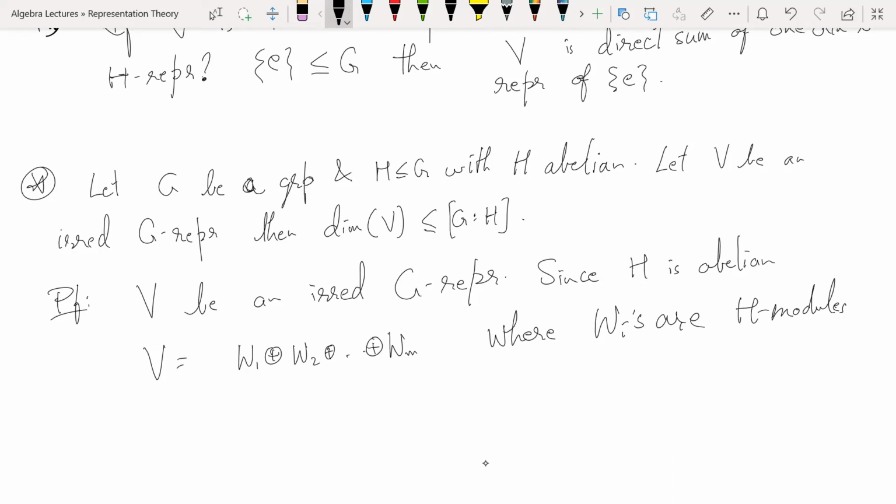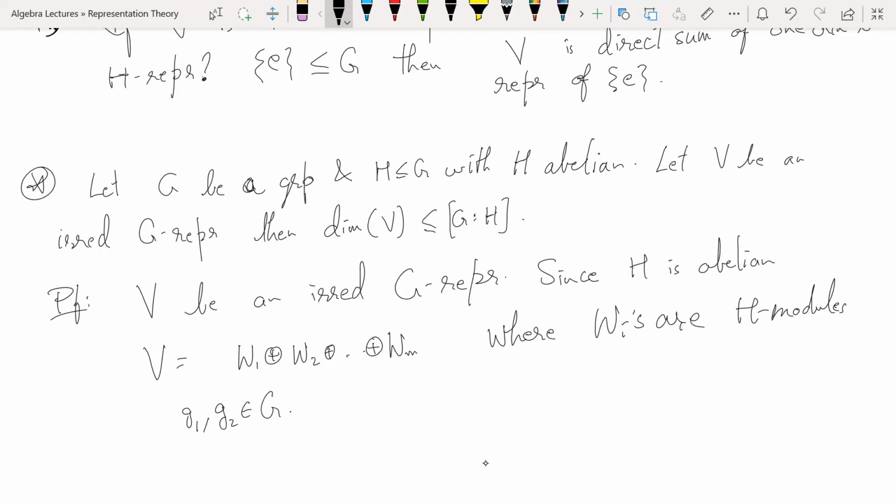Now, of course, you look at two elements. Let's take G1 and G2 in G. This W1 is a subspace of V. And G1 gives you a linear map, an endomorphism of V. In fact, it's an invertible linear map. So it will send W1 to something.